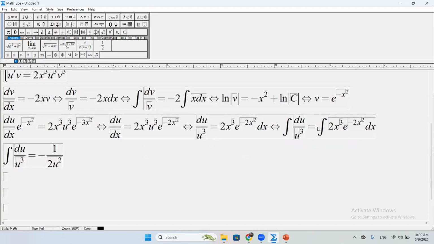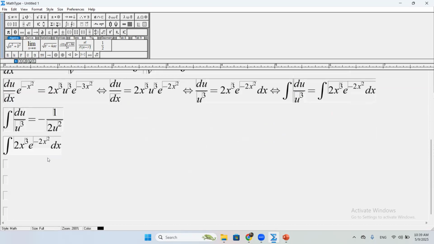And what about this integral? It will be quite complicated, but we will be able to calculate it. So let's write it like this: 2x by x squared. And 2x dx is a differential of x squared.